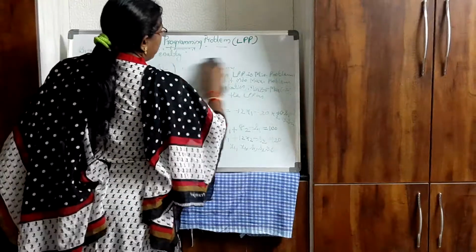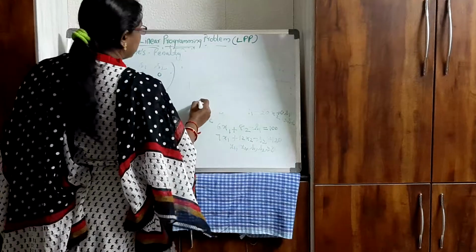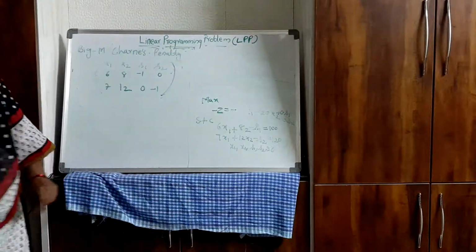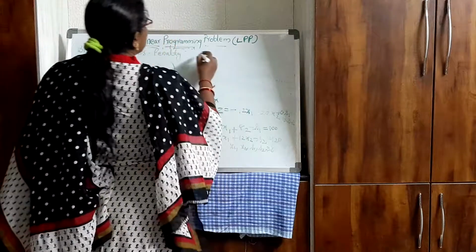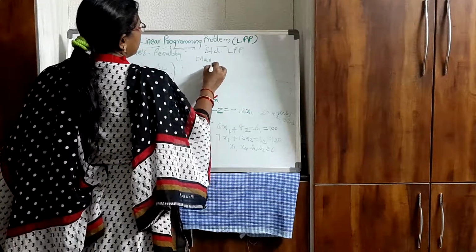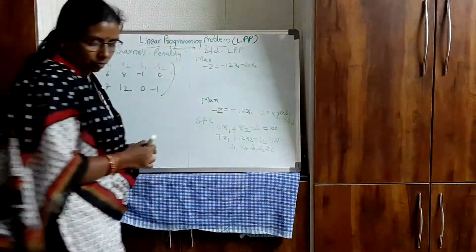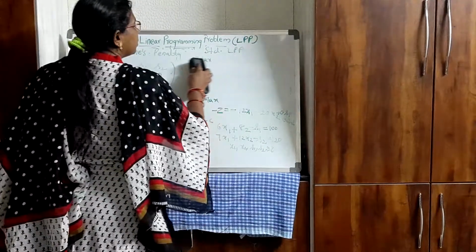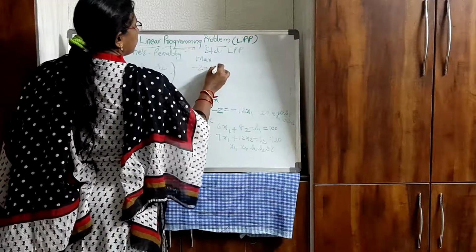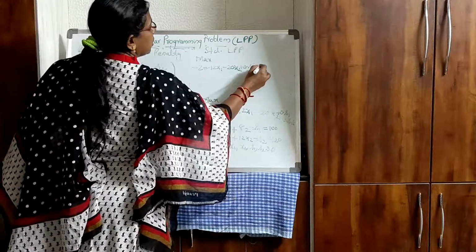So now what is the LPP you will get? The standard LPP, look at this: maximize of minus z equals minus 12x1 minus 20x2 plus 0 into s1 plus 0 into s2.